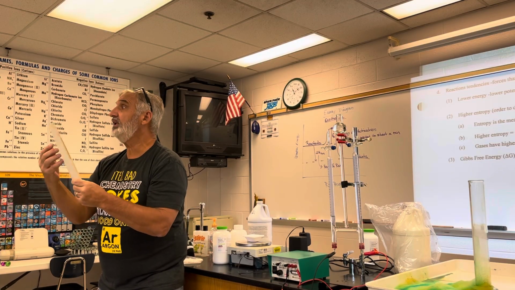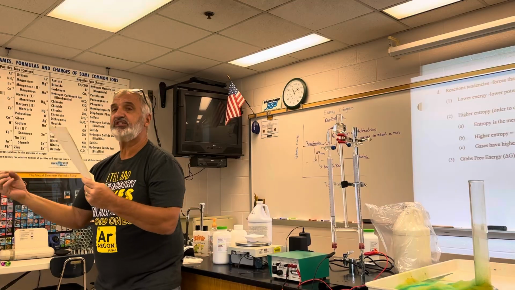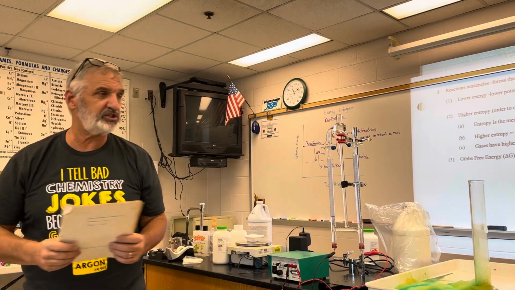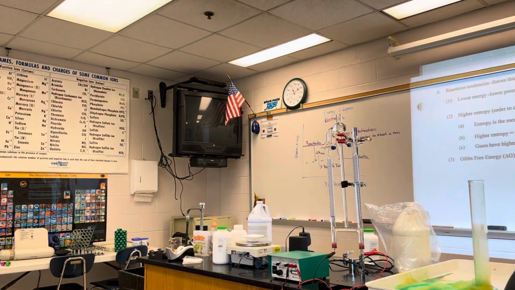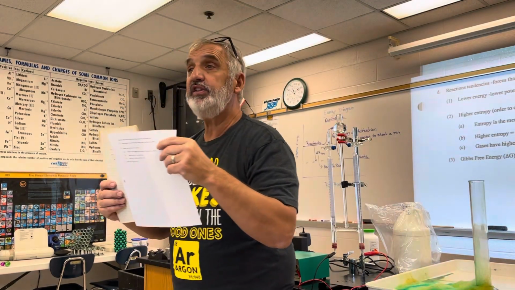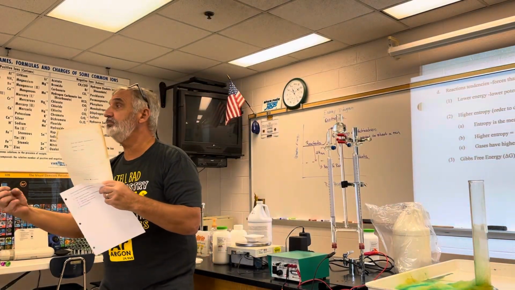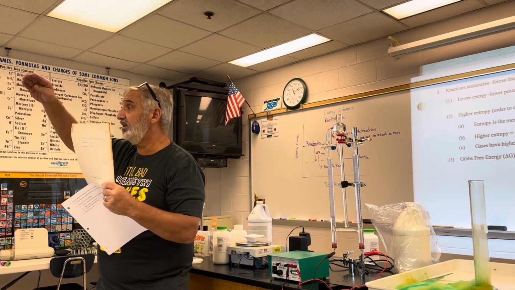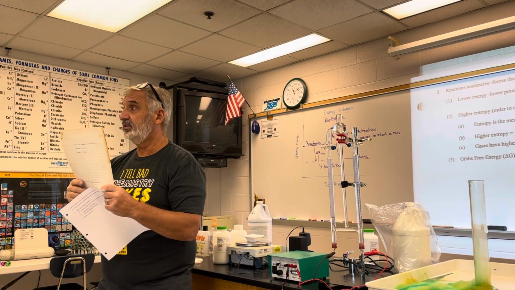So little by little, every once in a while, just by chance, one hits it enough, it reacts. When I did my lab, this paper was this color. It's just over the years, one by one, oxygen molecules hit this, and they finally have enough energy to make it up over that hill, and then they react.